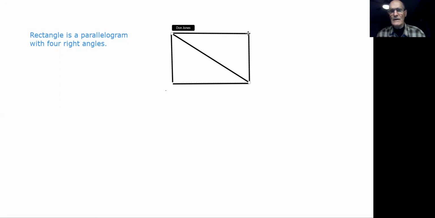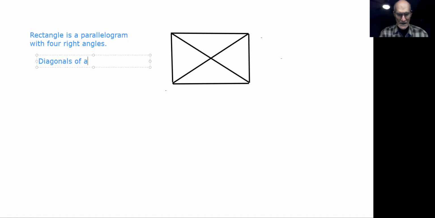So the thing we look at here is the new theorem that you run into, which says the diagonals of a rectangle are congruent. That's the key point. So in addition to bisecting each other, they are congruent.